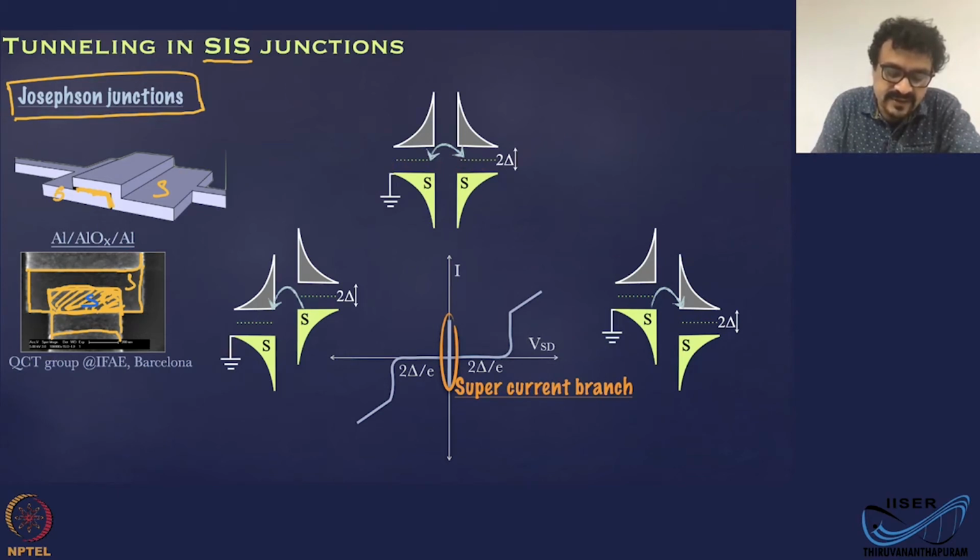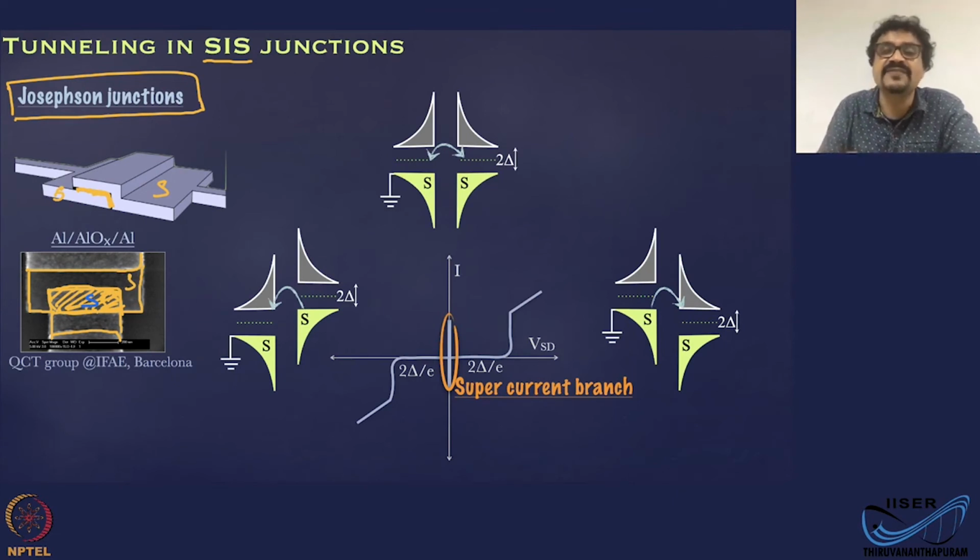Then the Cooper pair level on one side is aligned to the Cooper pair level on the other side, and the Cooper pairs can tunnel back and forth. But unlike in the normal metal case, that's not going to give you zero current.